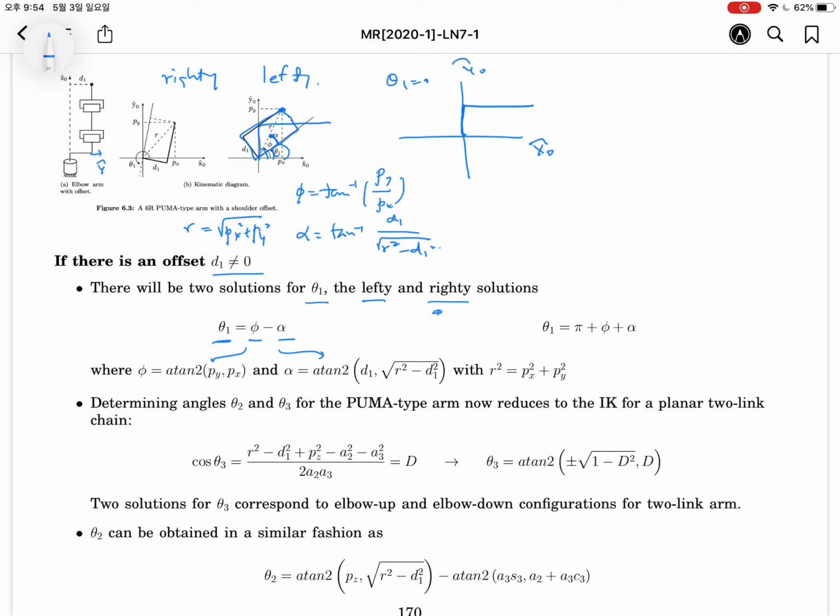This manipulator will be assigned like this, so we have this kind of configuration. Here, let's apply theta 2 as pi. Maybe the configuration will be moved to here, like this.